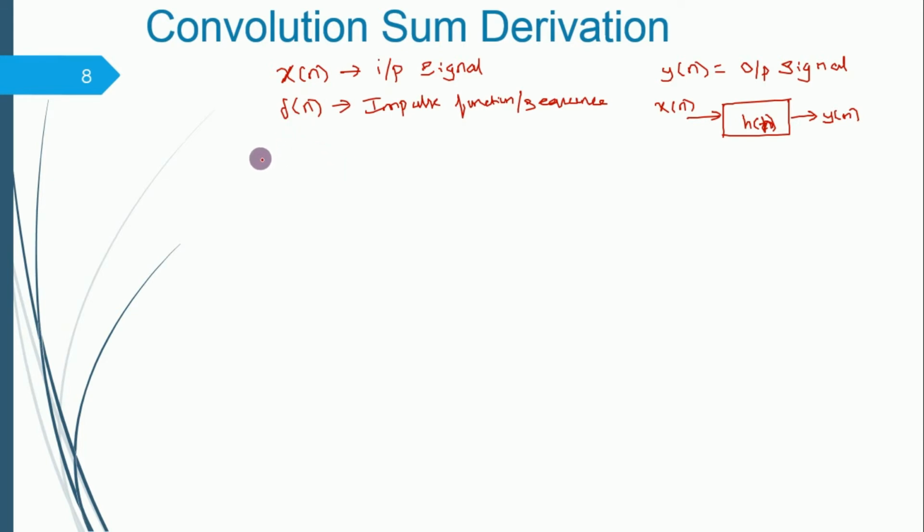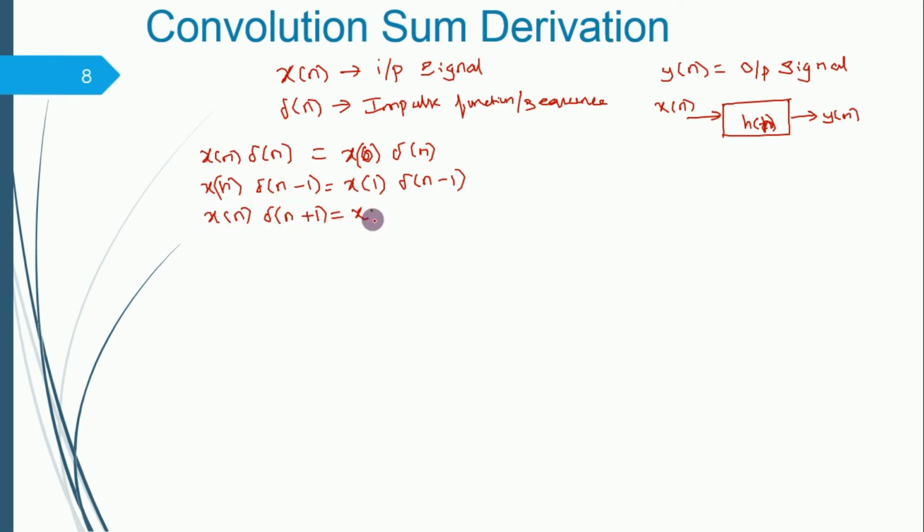Now we know that x of n into delta of n, according to property number 5, is x of 0 delta of n. x of n delta of n minus 1 is written as x of 1 delta of n minus 1. x of n delta of n plus 1 can be written as x of minus 1 delta of n plus 1.